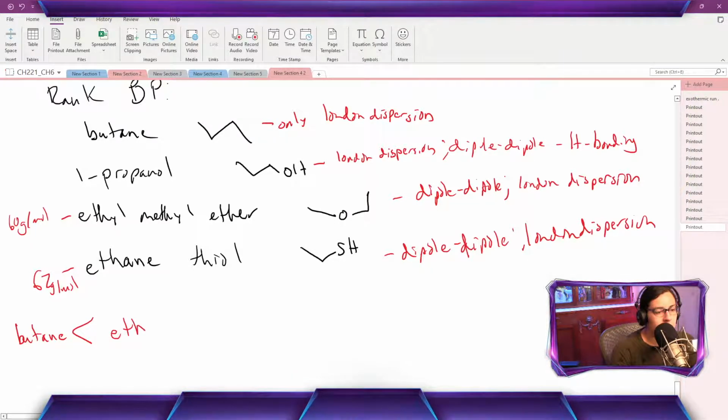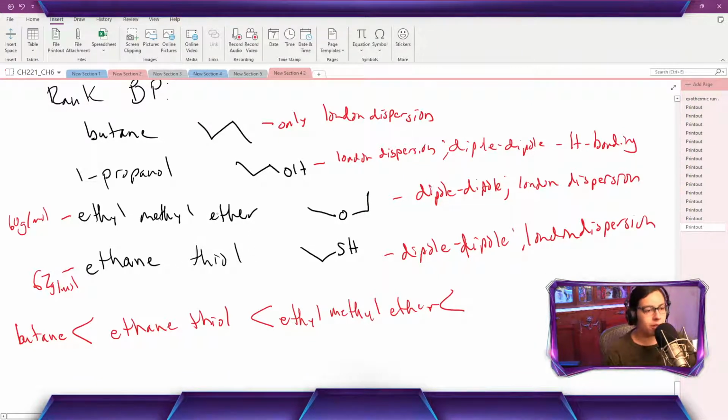And so next should be ethane thiol. And again, this kind of would have been a hard judgment. So if you could justify it and say that their molecular weights are pretty similar and you would swap them, I probably wouldn't mark you wrong. It's just that the polarity on ethyl methyl ether is greater.